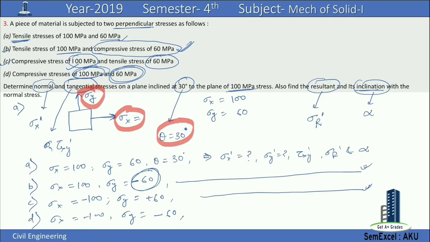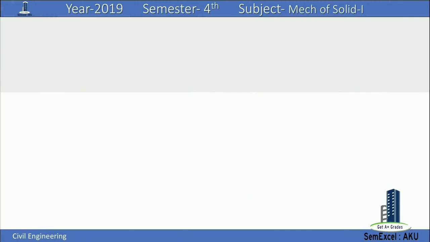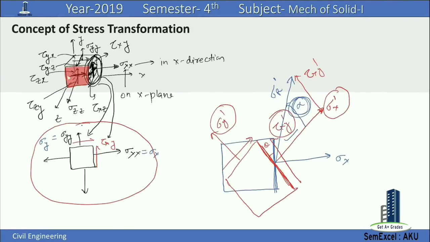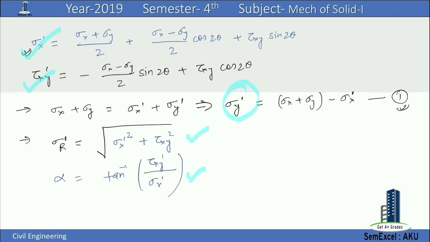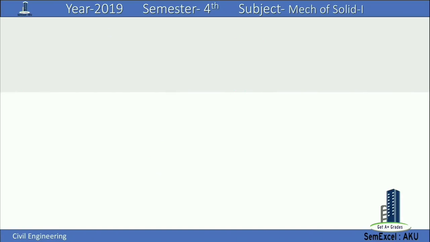Now we will put all given values in the equation we have derived. I have done this for you. For the first case 3a, sigma x, sigma y, tau xy are given. Tau xy is 0, so we put that in the equation and we get this result.